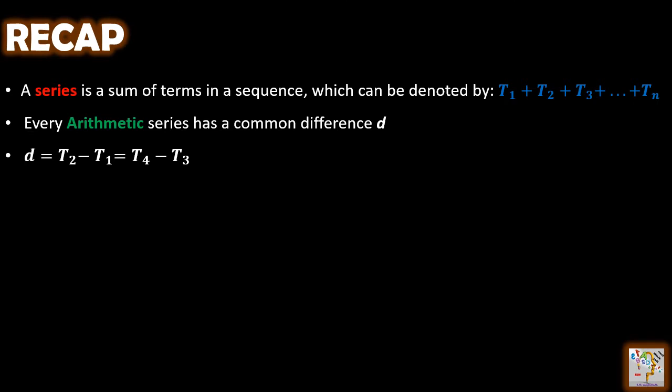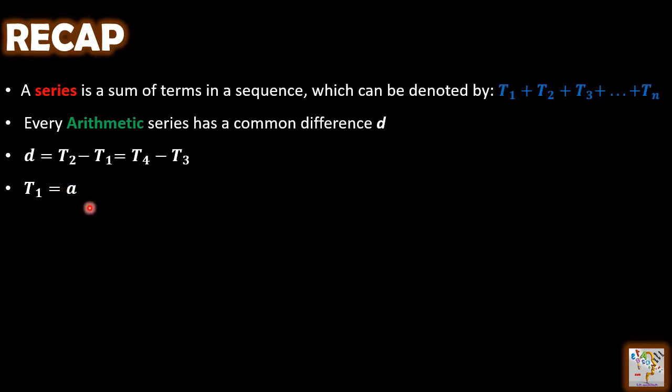Another thing we must consider is that T1 means the first term, term number 1, and it can be denoted by a. If somebody writes a for the first term and another writes T1, they are talking about the same thing; these are synonyms.